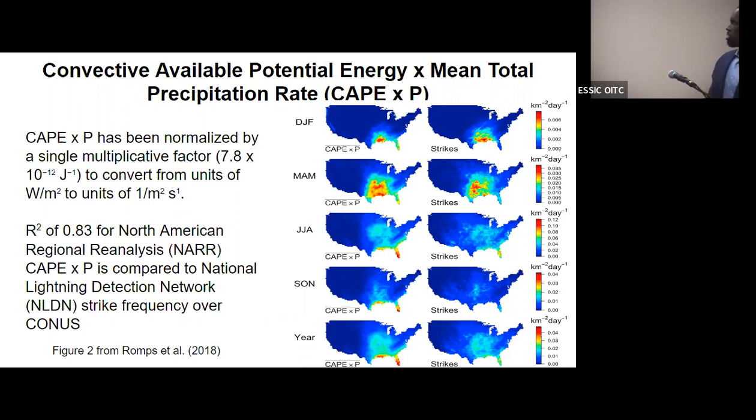So that would probably be a preliminary step, to figure out how to parse cloud and cloud to ground lightning before developing this CAPE times total precipitation into the model.